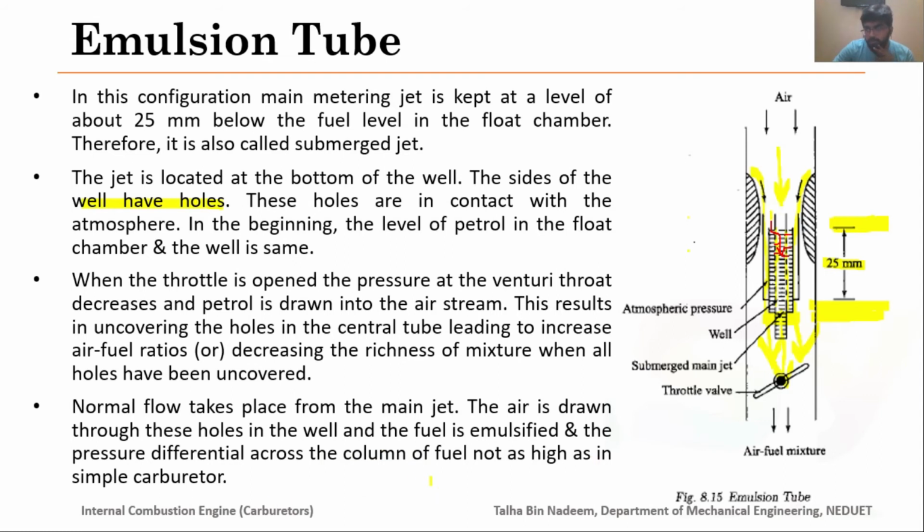You can see that the fuel will enter in this tube, air will enter in this tube, and it will be mixed with the fuel, forming an emulsified air-fuel mixture, and then again it will flow towards the other end of the main jet, and it will be mixed with the air, and then it will go towards your intake manifold and then to your combustion chamber for combustion.